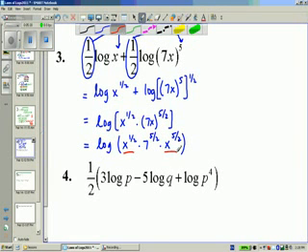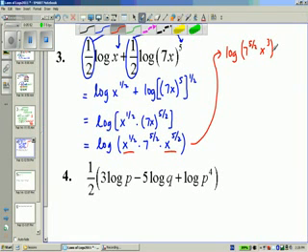So now I can combine these two terms. It's going to give me log of 7 to the 5 halves, x to the 1/2 plus 5 halves. That just comes out to be 3. So I've gotten it down into a single logarithm.